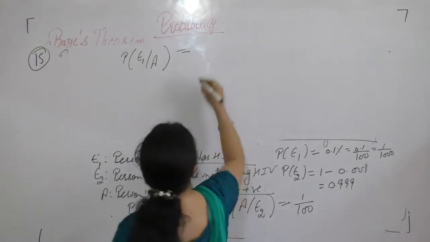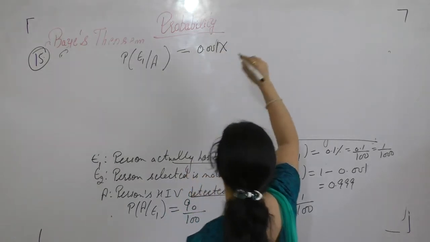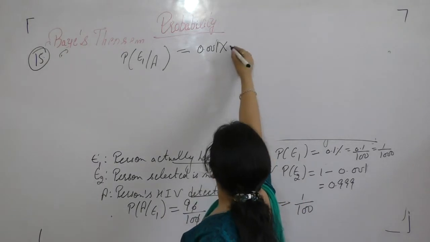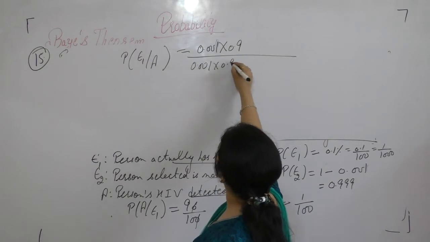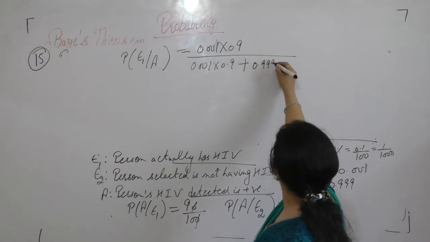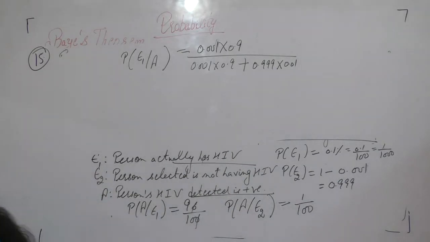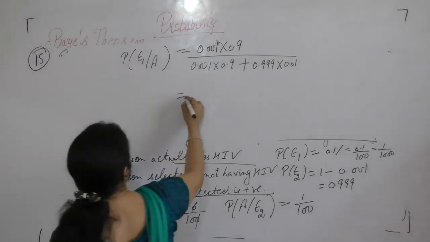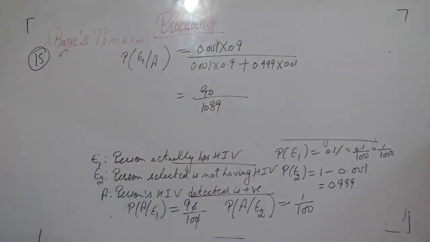So probability of E1 0.001, probability A upon E1, probability of E2, A upon E2, 0.01. So after solving we get 90 upon 1089.